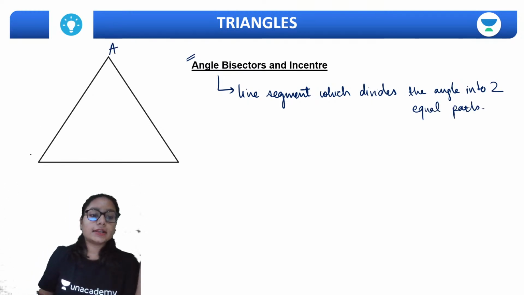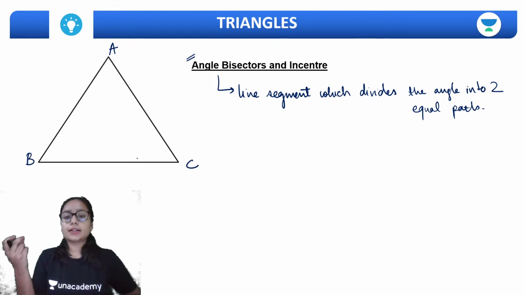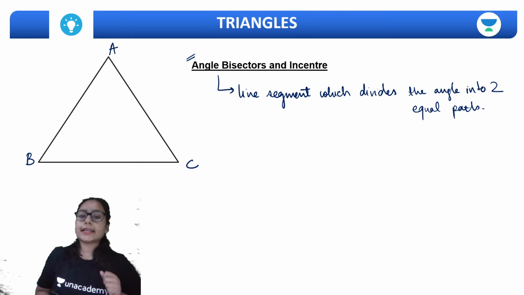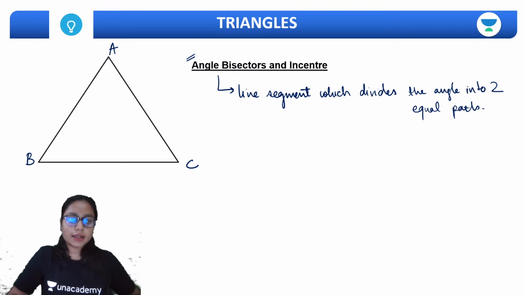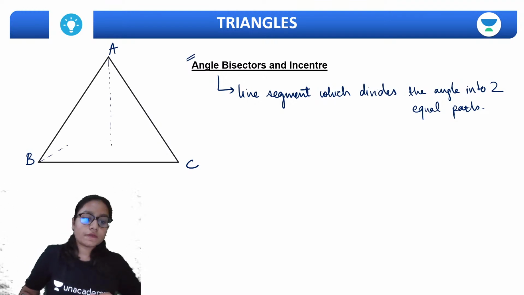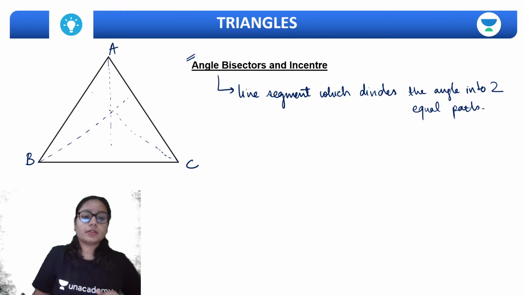So I have three angles in the triangle ABC. Angle A, angle B and angle C. Let us draw the angle bisector of each angle. Okay. So angle bisector of angle A would be like this. Angle bisector of angle B would be like this. And angle bisector of angle C will be like this. Somewhere here. Okay?